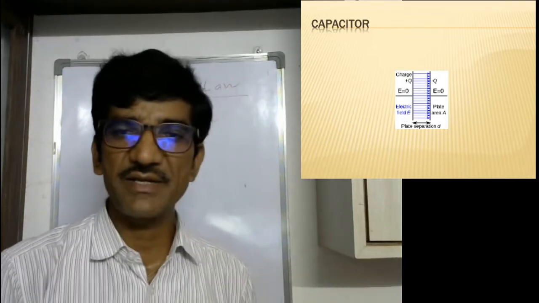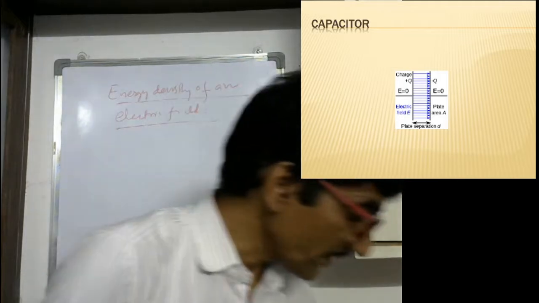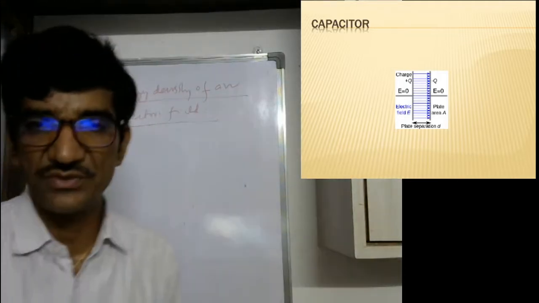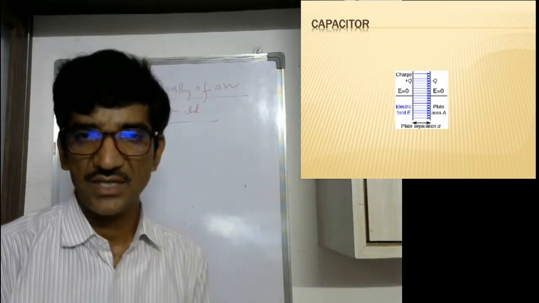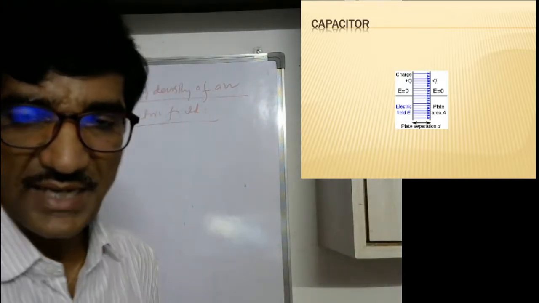Whenever you apply Gauss law for this particular case, you find that the field is present only in between the two plates, not on either the left or right sides. That is what is shown in the slide.